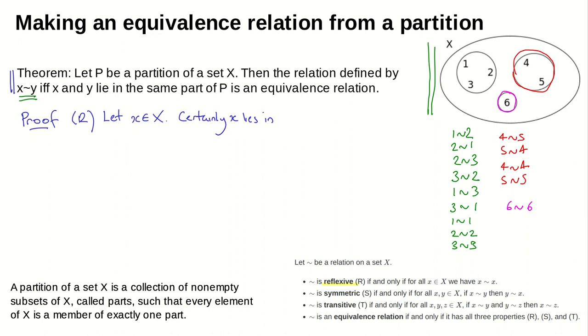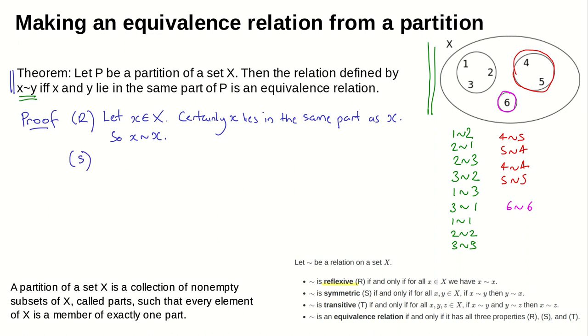Well, it certainly lies in some part of the partition, because part of the definition of partition is that every element of big X lies in exactly one part. So certainly x lies in some part, and in fact it lies in the same part as x, right? This is really obvious. So x is related to x. Right, we've verified the reflexivity property.